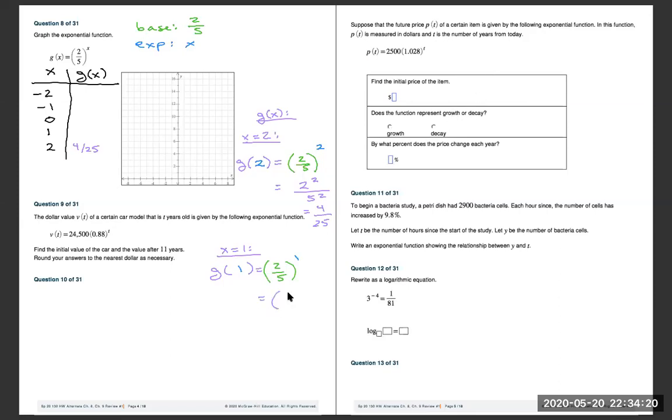That's going to be 2 to the first over 5 to the first, which is 2/5. Remember, any number to a power of 1 is still itself, right? And then 2/5 to the 0 power, that's going to be 1. Save that. Let's plug in our negatives.